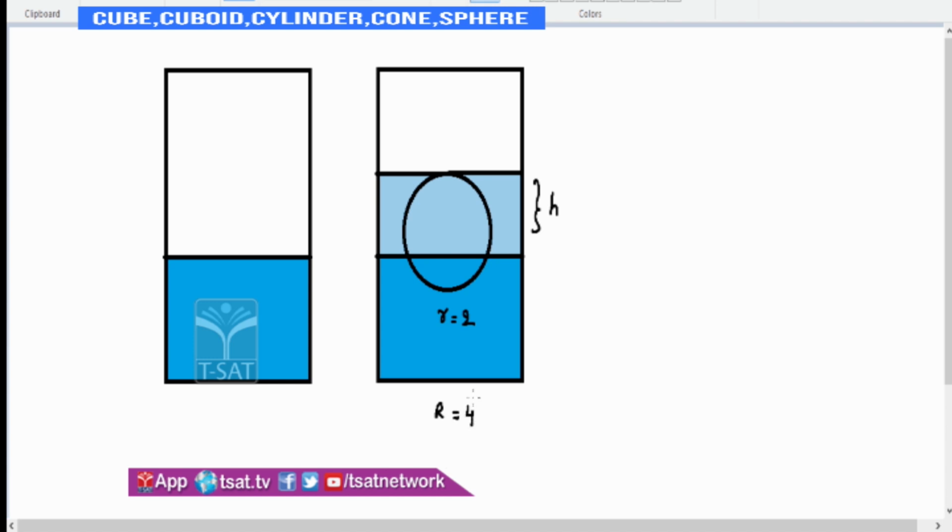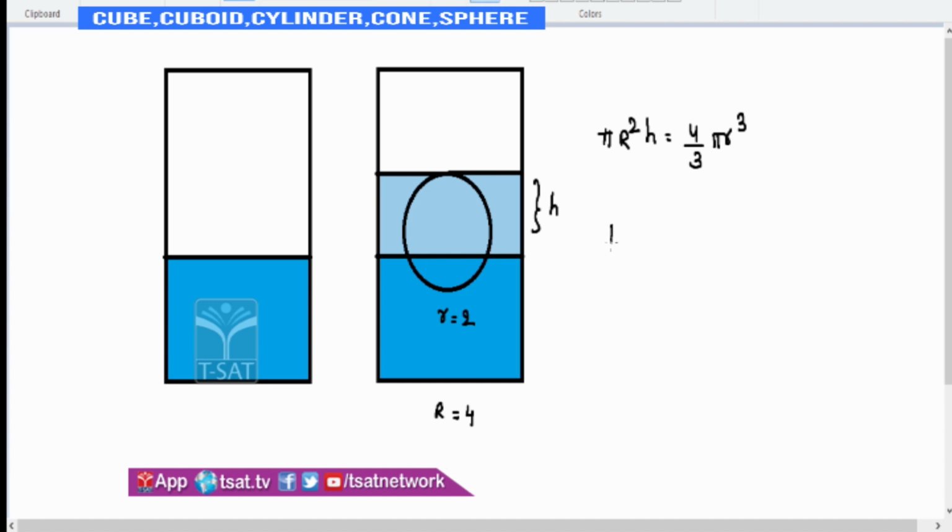All you have to equate is that the increased water level is because of the sphere. So the increased water volume equals the volume of the sphere. So I would say pi R square h is equal to 4 by 3 pi r cube. Pi cancels.